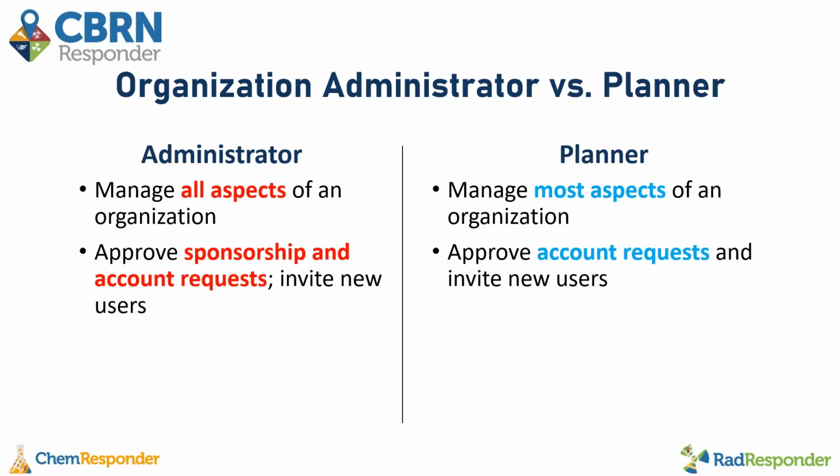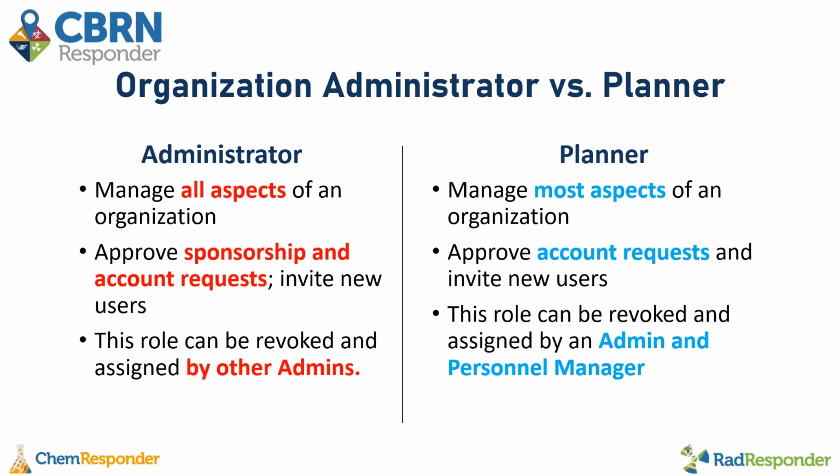The organization administrator has the ability to approve sponsorship and account requests and can also invite new users to their organization. The planner can approve account requests and invite new users, but the sponsorship request must be approved by the org admin. The administrator role can only be revoked or assigned by other administrators.